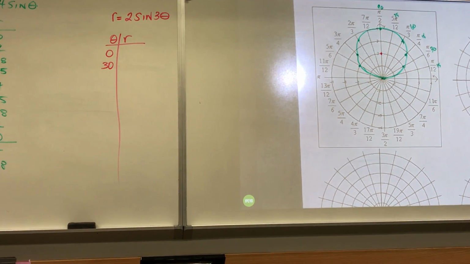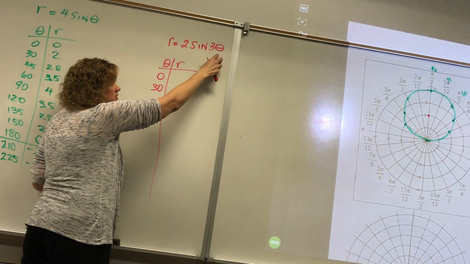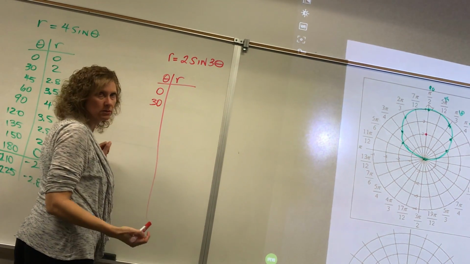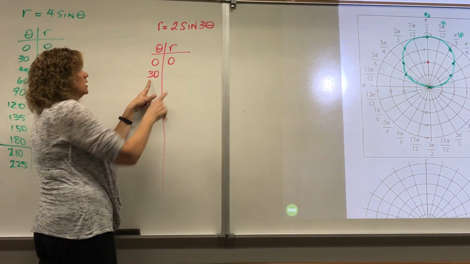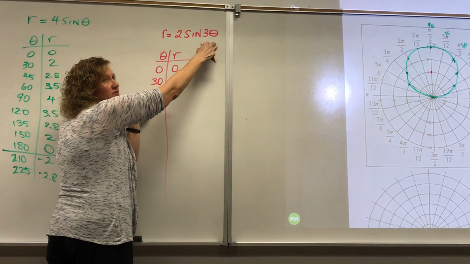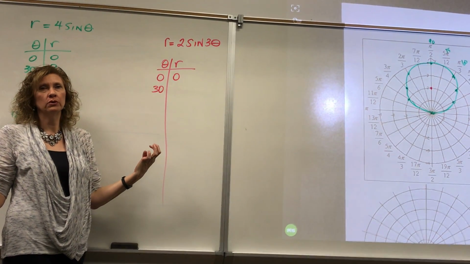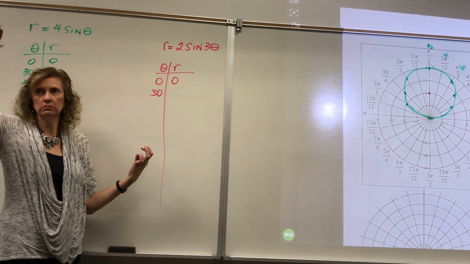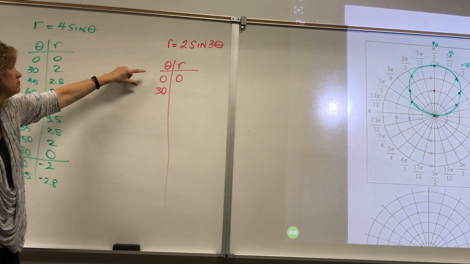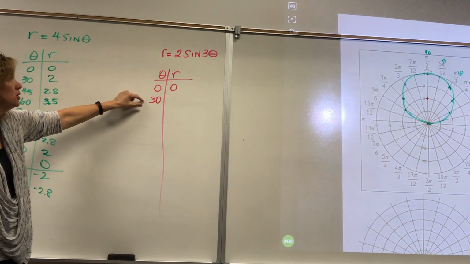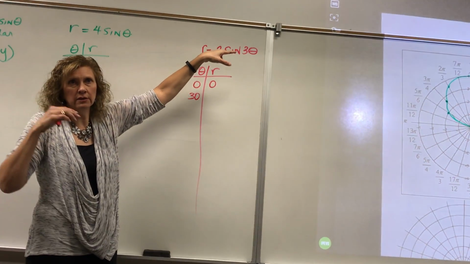You start out, plug in 0, 3 times 0 is 0, sine of 0 is 0, multiply 0 by 2. You plug in 30, now I'm taking the sine of 90. You just totally bypassed a whole quarter of a rotation by jumping to our comfort 0, 30. That is too much of a gap. You just jumped from the sine of 0 to the sine of 90 real fast.